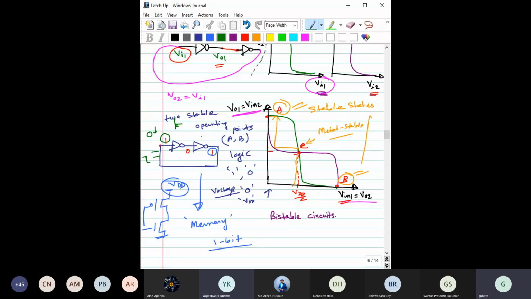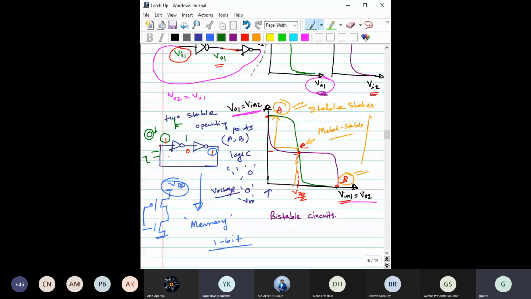I think all those things we will discuss in the next class. There should be some time for which the input has to be valid. If you interrupt the input before that, then you might get something wrong in the output. Now if you have given a pulse of 0, that will force this output to go to 1.